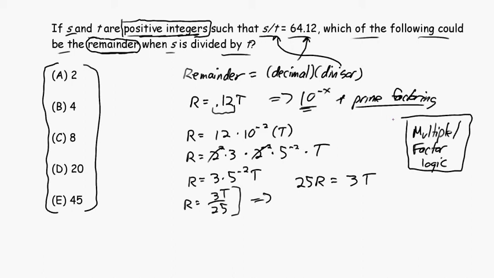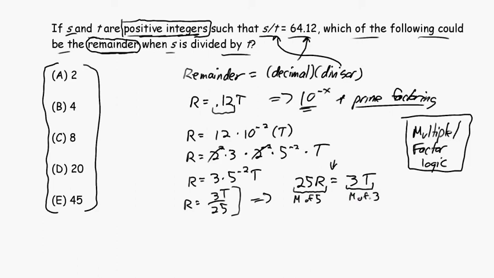It says 25R equals 3T. Well, 25R itself has to be a multiple of 5, because 25 is a multiple of 5. And 3T has to be a multiple of 3.